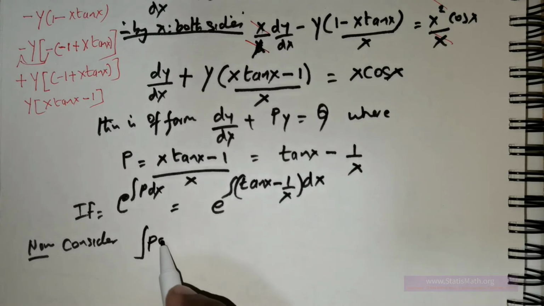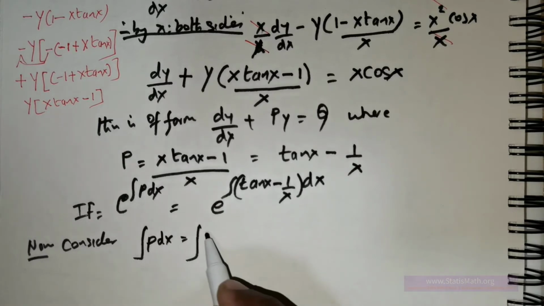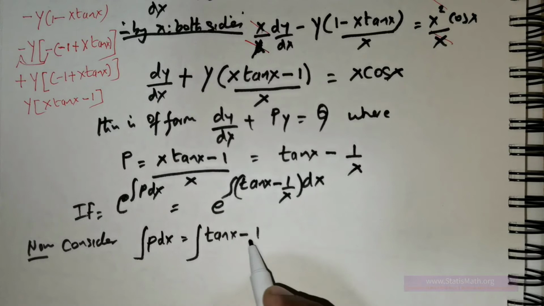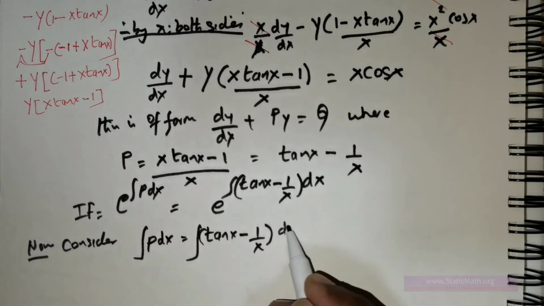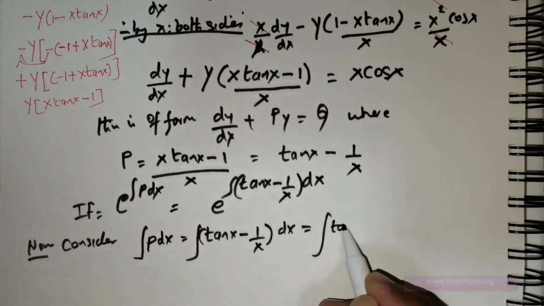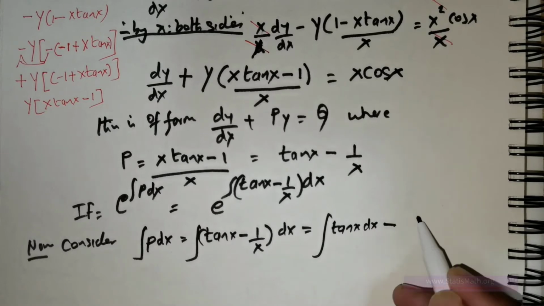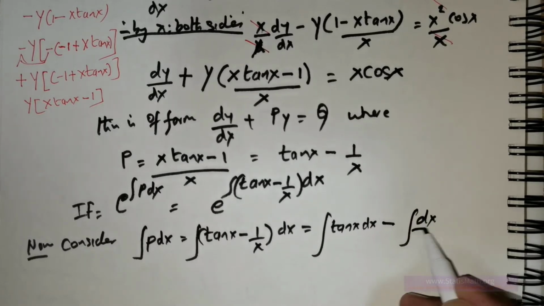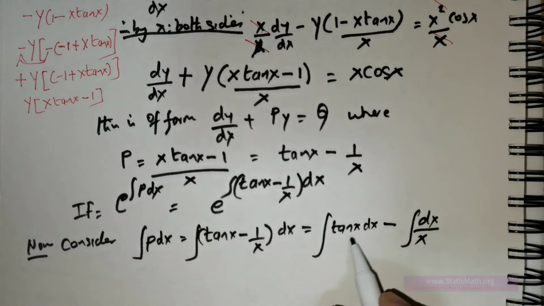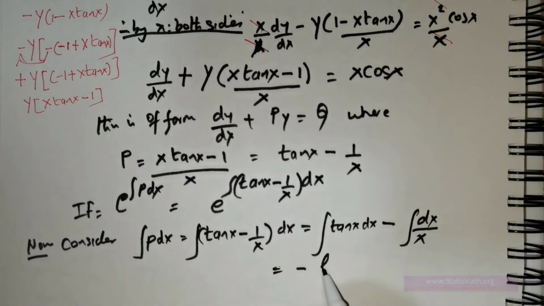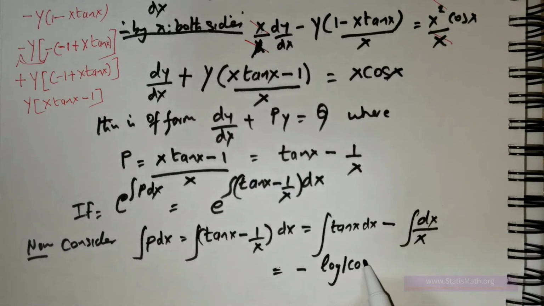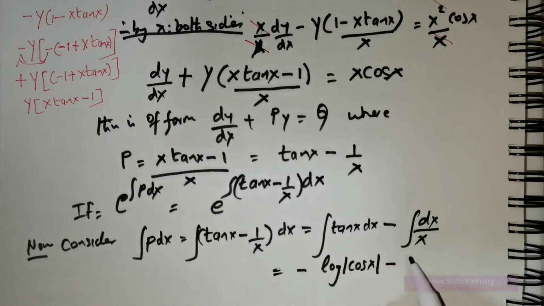Now I would first consider integral p dx alone, which is nothing but integral tan x minus 1 over x times dx, which is integral tan x dx minus integral dx over x. From formula, this is going to be negative log of modulus cos x minus log of x.